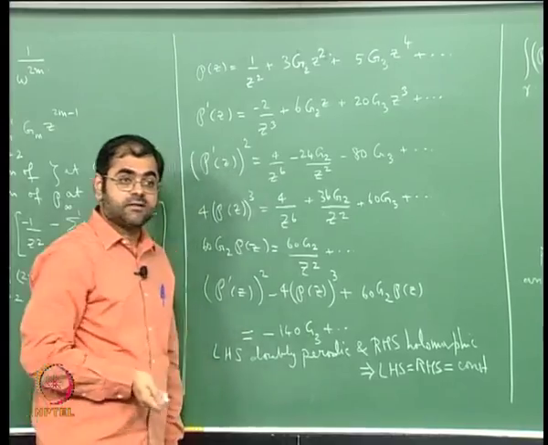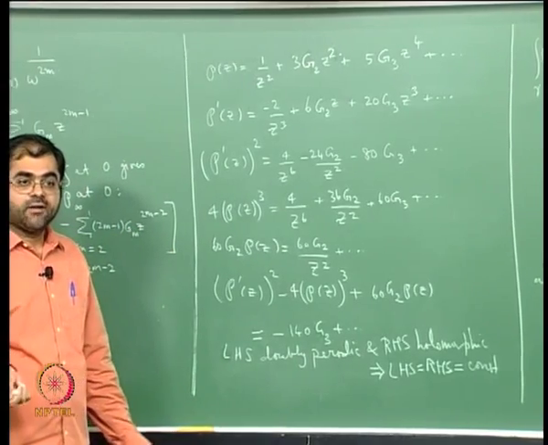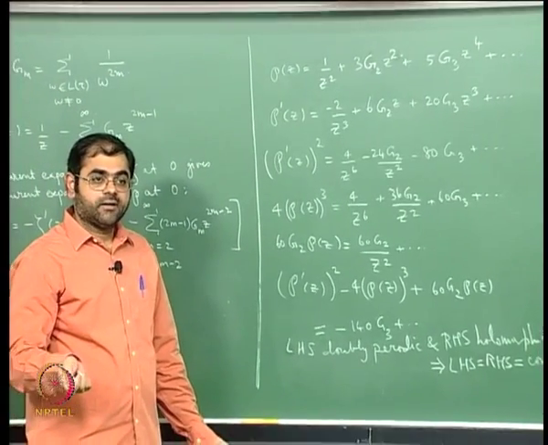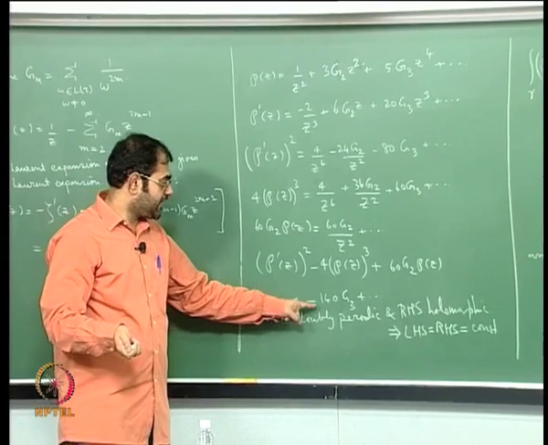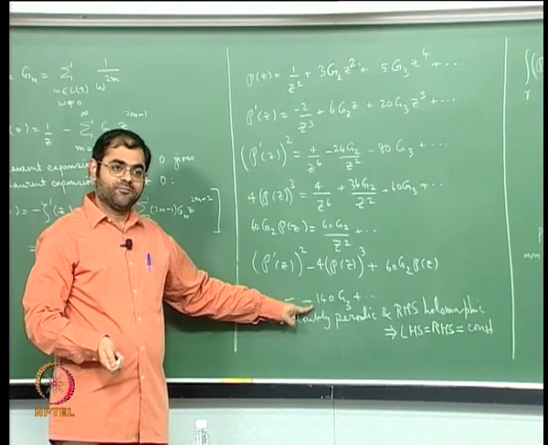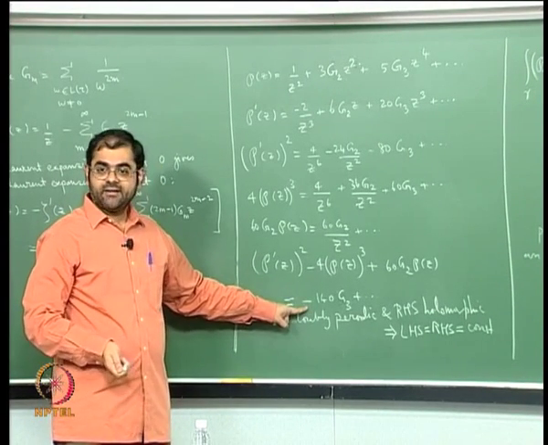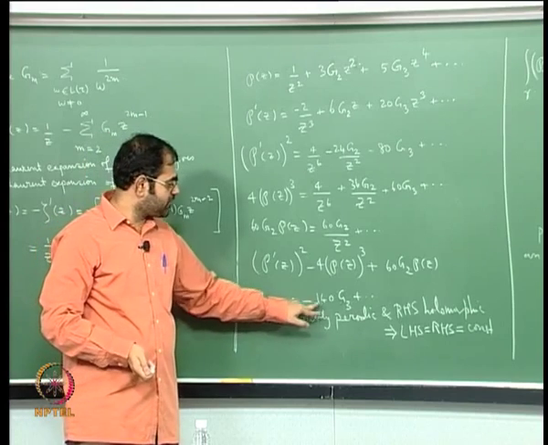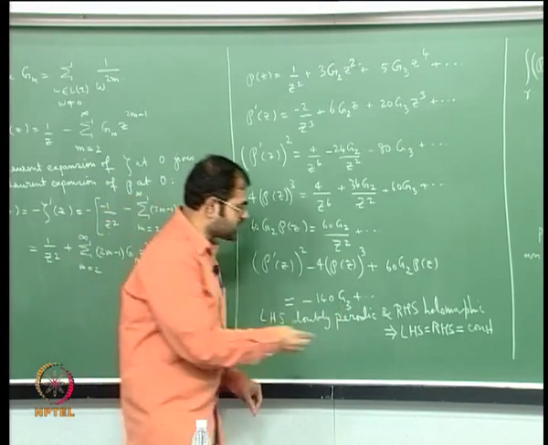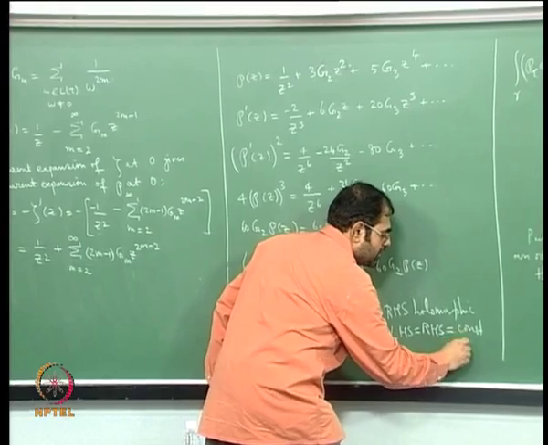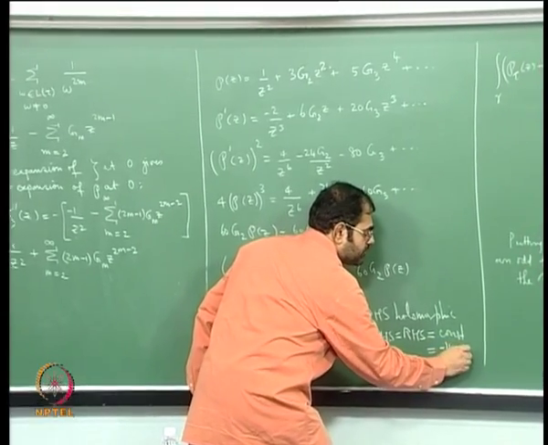And what is that constant? That constant can be evaluated by taking the right side and substituting z equal to 0. If I do that, I will simply get minus 140 g3, so that constant will be equal to minus 140 g3.